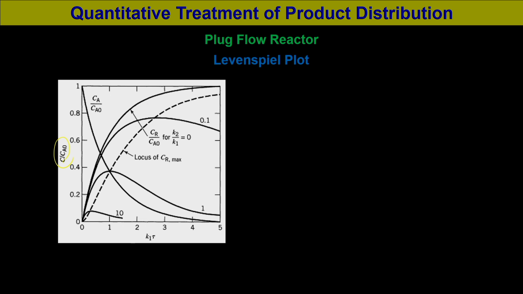This is for A to R to S, this is K1, this is K2, and Cr naught is equal to Cs naught is equal to 0.